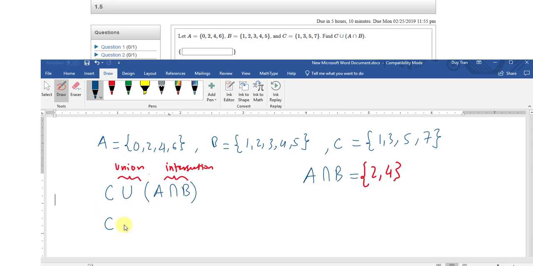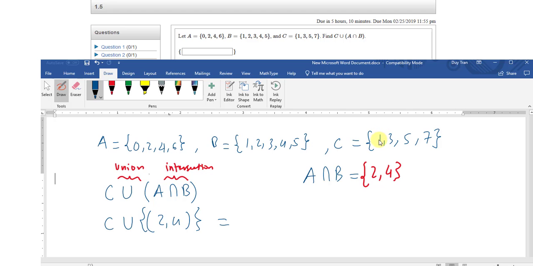So now you just want to get C union with 2 and 4, right? The union means we include everything in both sets. Set C and then 2 and 4. So we just combine them all together.